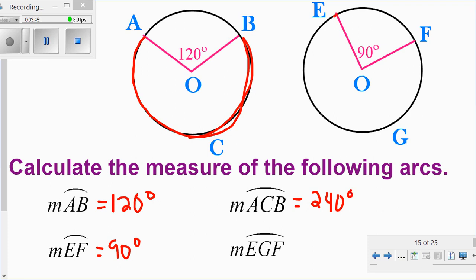Next, arc EGF. Same idea, we're talking about the major arc. If 90 degrees is the measure of angle EOF, then the other, obtuse angle would be 360 minus 90, which is 270.